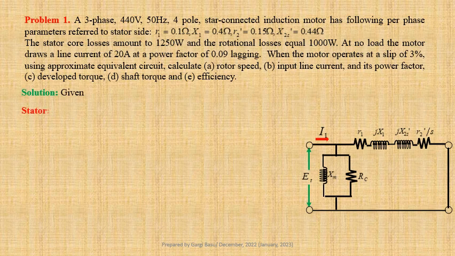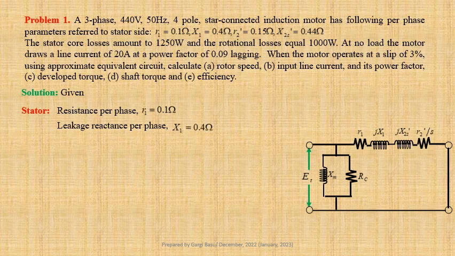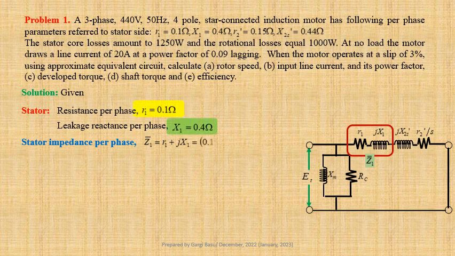For stator winding, resistance per phase R1 equals 0.1 ohm and leakage reactance per phase X1 equals 0.4 ohm. Expression for stator impedance per phase Z1 equals R1 plus jX1 equals 0.1 plus j times 0.4 ohm.